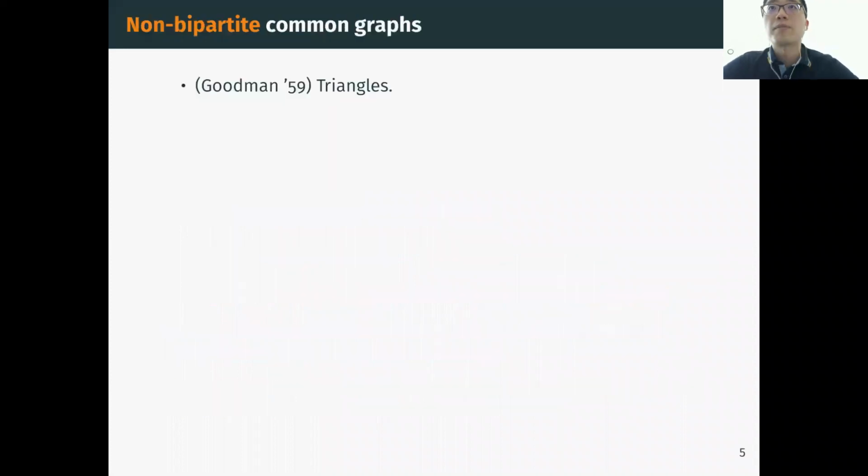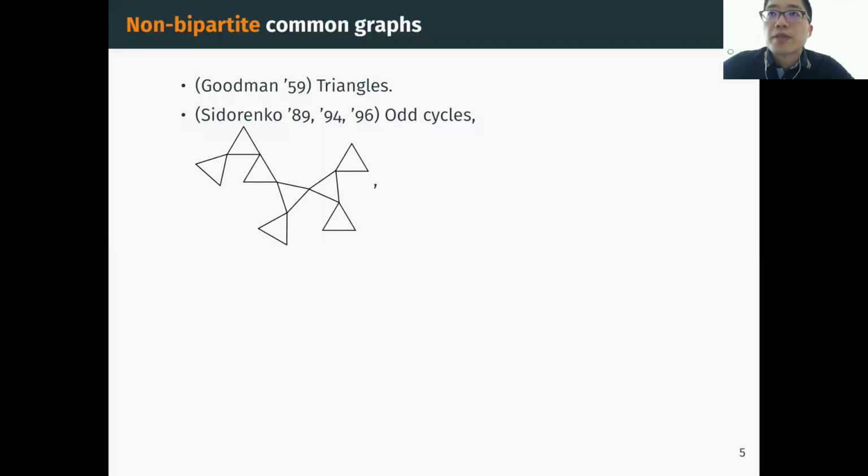Okay, so here are some lists of non-bipartite common graphs. By Goodman's formula, we do know that triangles are common. And this was generalized by Sidorenko to odd cycles. And he also proved that these graphs, the so-called triangle vertex trees, are common. You can define them recursively by adding a triangle to it.